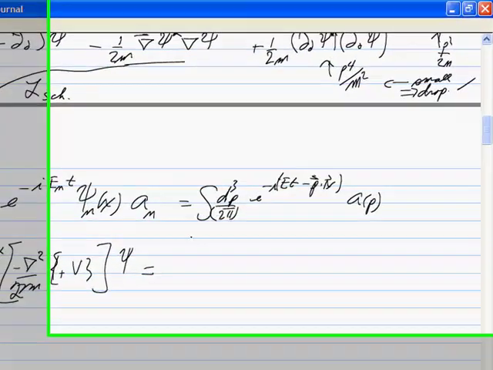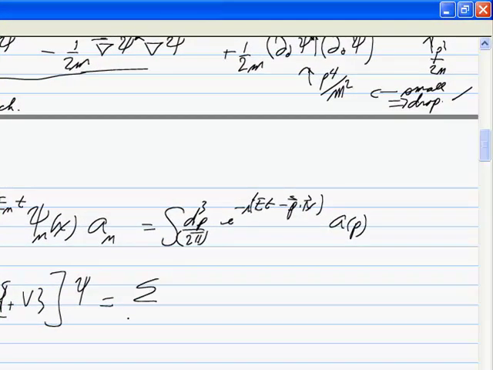That ends up becoming the sum over n, since these are energy eigenvalues, psi star n times whatever the Hamiltonian is, whichever one you choose, psi n, a dagger n, a n.